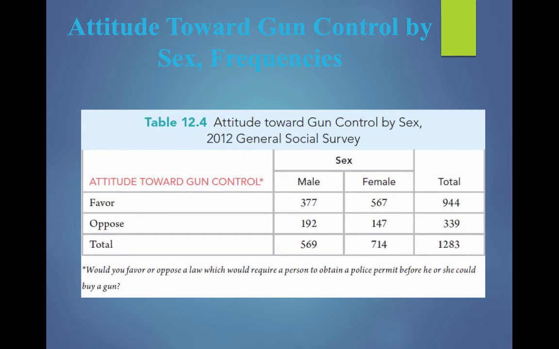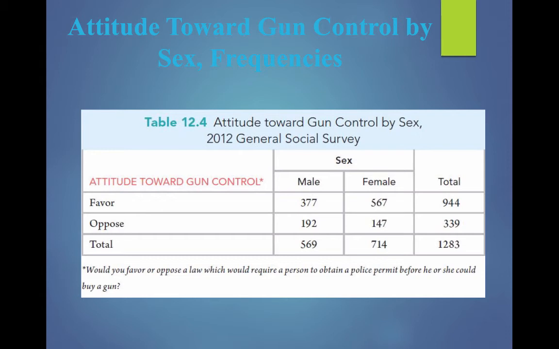You have the frequencies here: how many people are in favor, how many oppose. That itself could be a category that was recoded, instead of very favorable, favorable, not that favorable, very unfavorable, to just two categories, favor or oppose. So that gives you this breakdown.